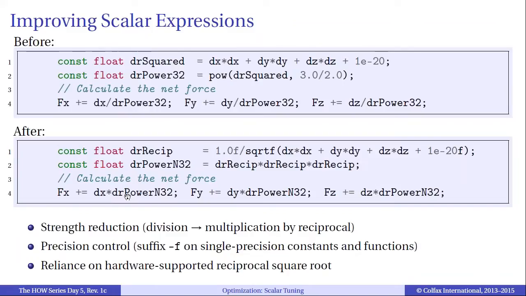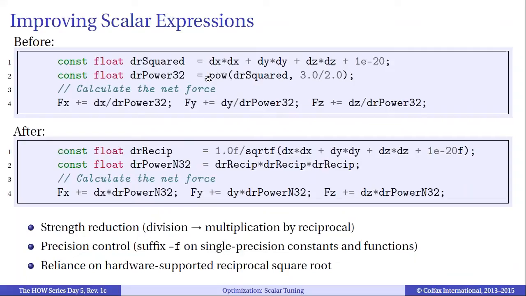Another opportunity that I have here is the power function is supported in hardware on Xeon Phi. But the square root function is also supported in hardware. Plus, it is much faster than the power function. And because I'm computing the power which can be expressed as a square root, I may be better off using the square root instead. Finally, one more tweak that I did here is I controlled the precision of my constants and functions.